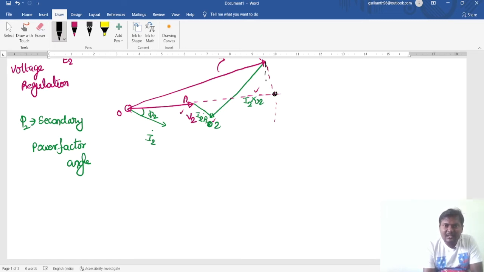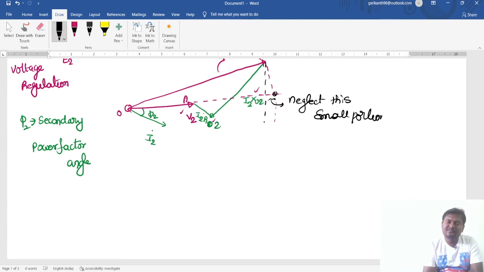So draw a perpendicular line, neglect this small portion. So here draw a perpendicular line. So this is 90 degrees. The angle between V2 and I2 is phi 2, and between V2 and I2 R02 is also phi 2.